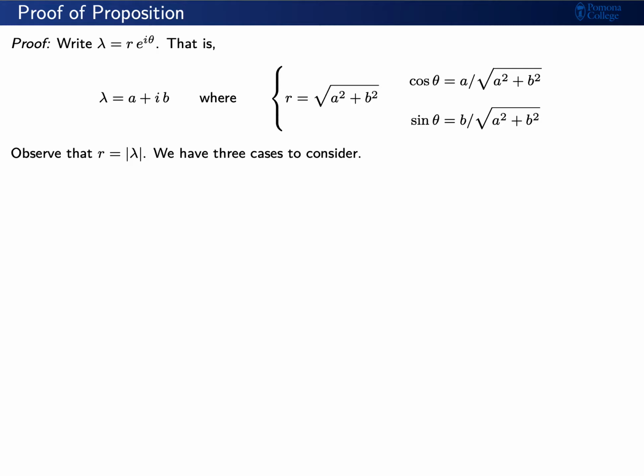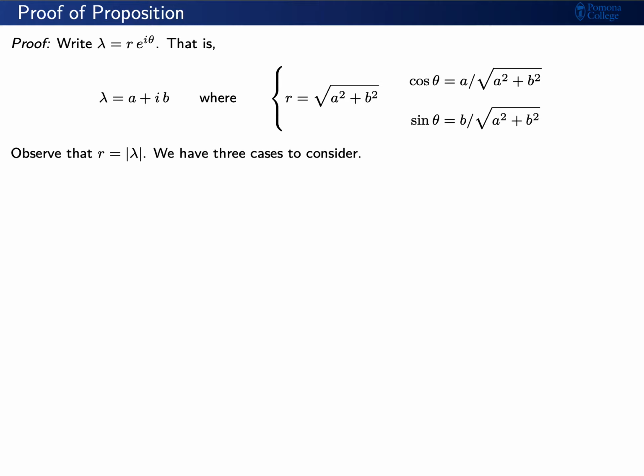Cosine theta we'll write as a over r, and sine theta we'll write as b over r. It may be helpful to think of a right triangle where we have two legs of lengths a and b, and the hypotenuse here has length r. Again, observe that r is the absolute value of our complex number lambda.